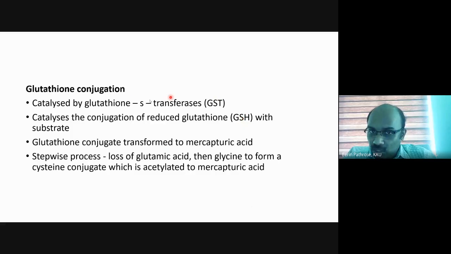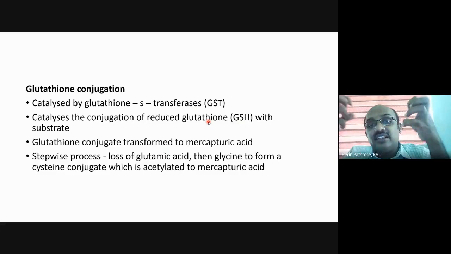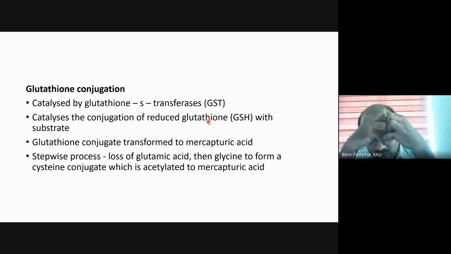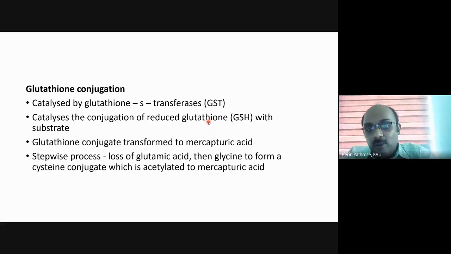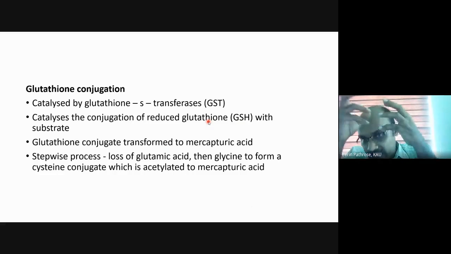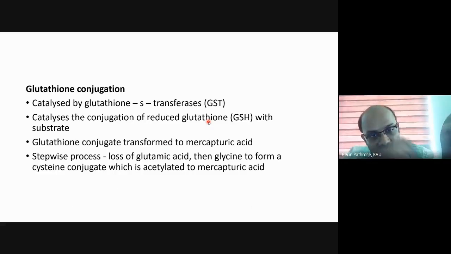Once the pesticide conjugates with reduced glutathione with the help of the enzyme glutathione S transferase, it will lead to the formation of mercapturic acid, and mercapturic acid is easily excreted.